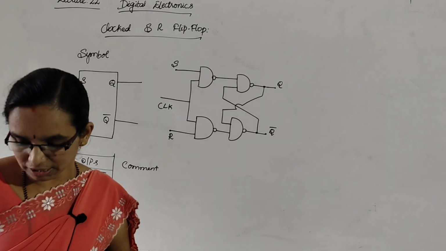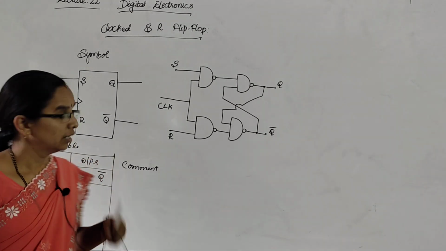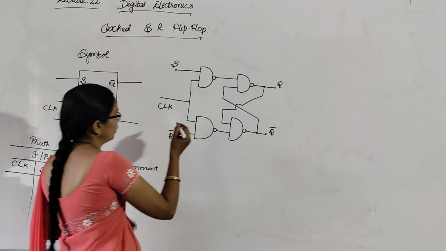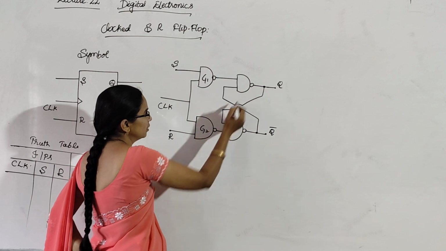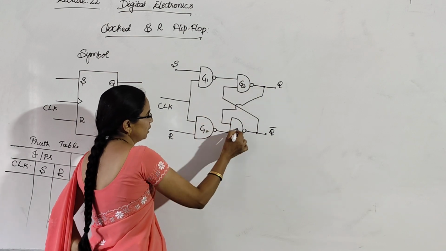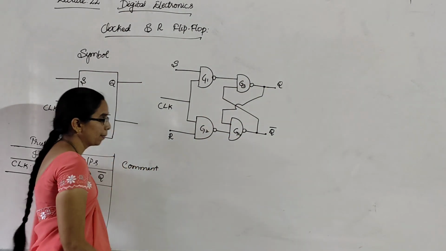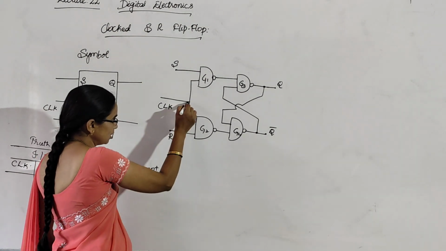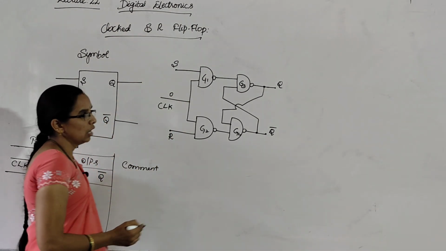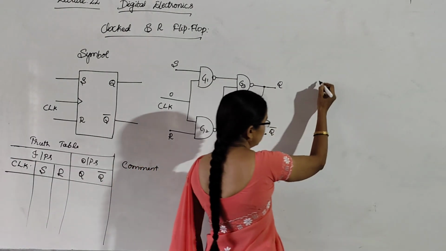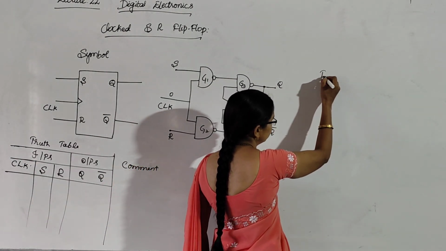So the first condition is, I will name these gates G1, G2, G3 and G4, for your reference, it is not required. Whenever the clock is 0, what is the truth table of a NAND gate?